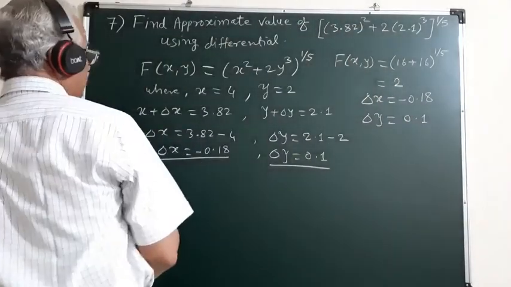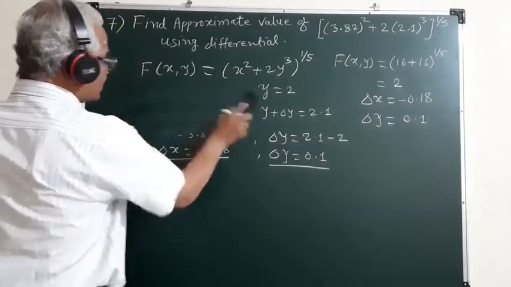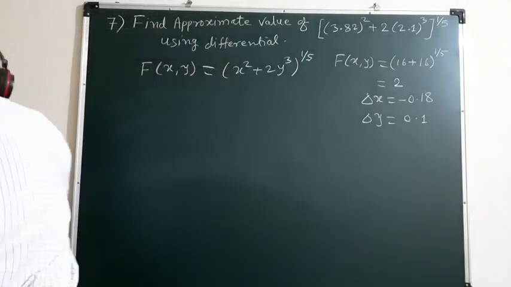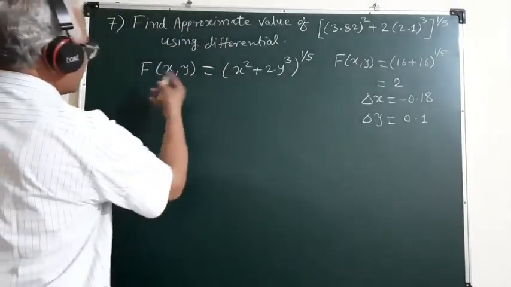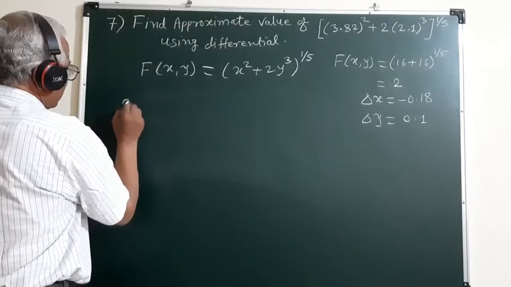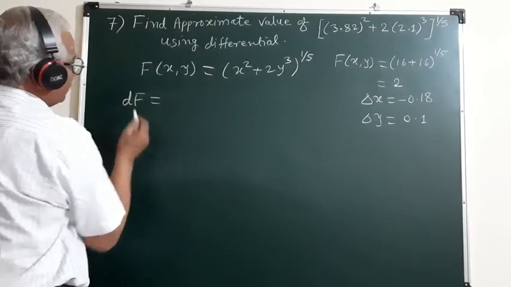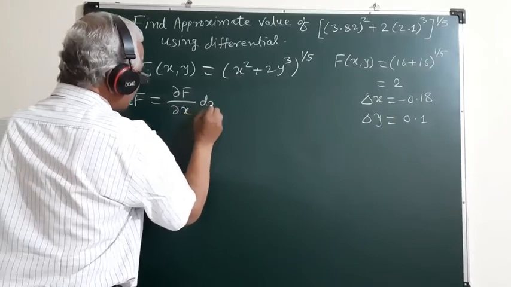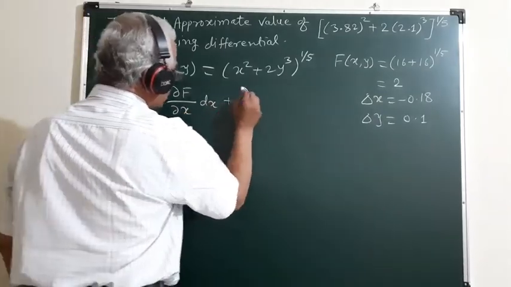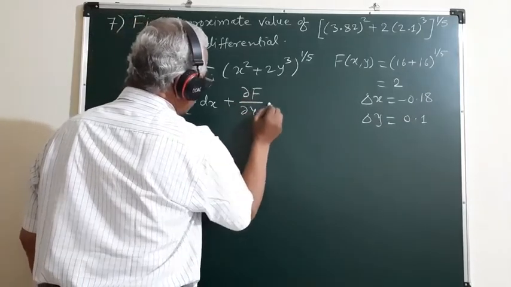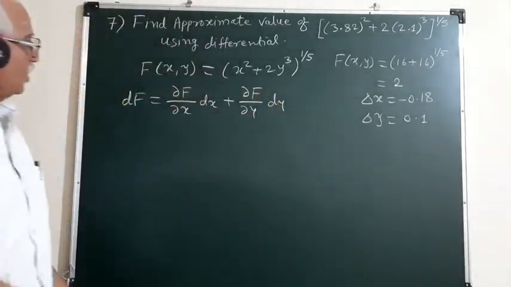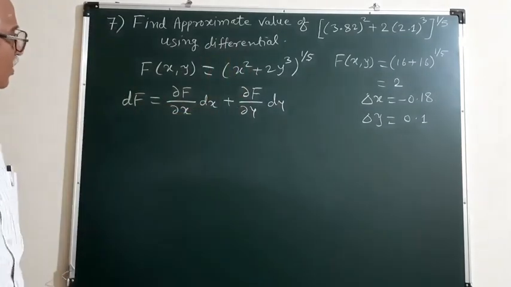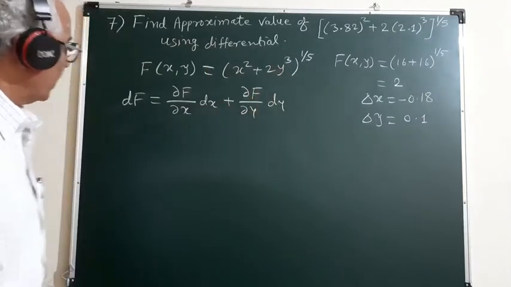So let us remove this part. So we can write the total differential of this function f. df will be equal to dou f by dou x dx plus dou f by dou y dy. So this is the total differential for the given function of two variables x and y.